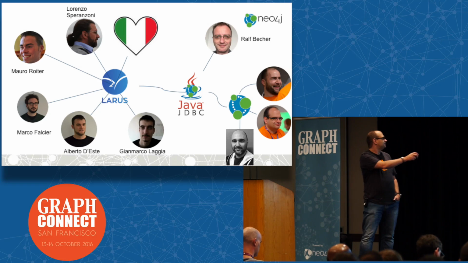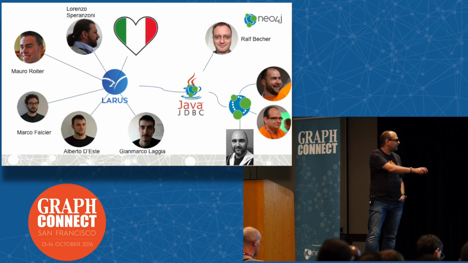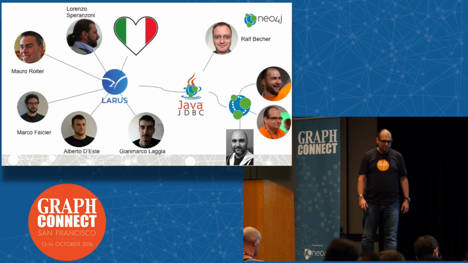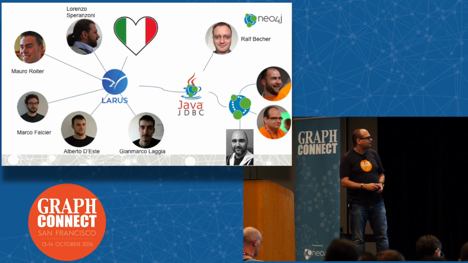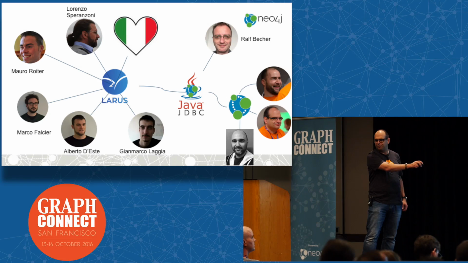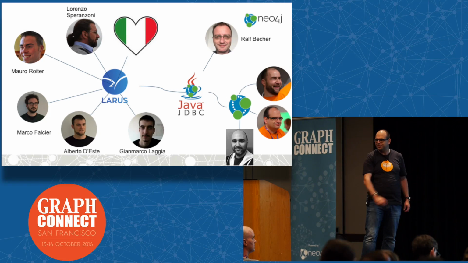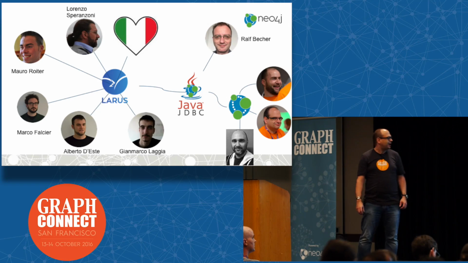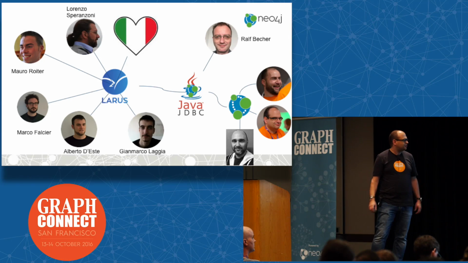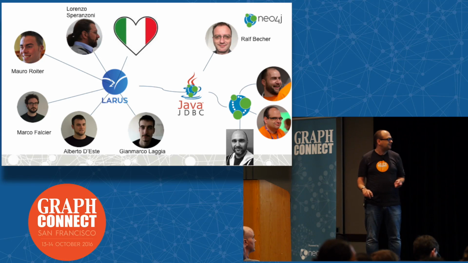Four of his developers, Mauro, Marco, Alberto and Gianmarco, who work for Larus, basically wrote most of the code. From the Neo side, my colleague Michael, who all of you know, I guess, acted as project lead in an advisory role. I helped in terms of testing, setting up the build system and stuff like that.